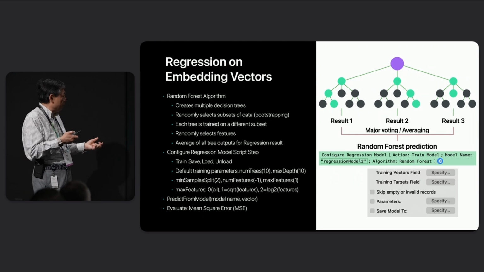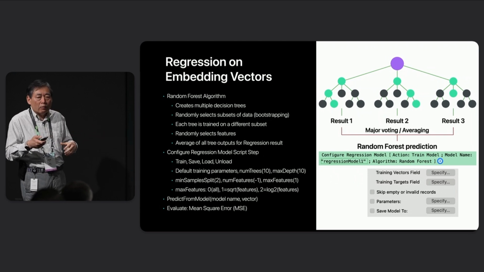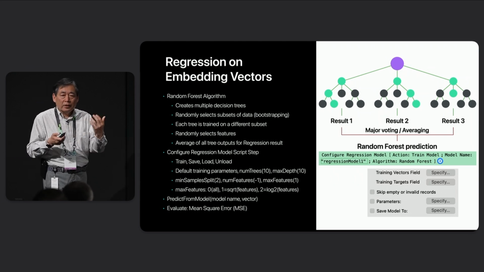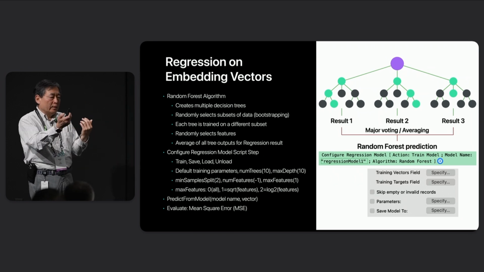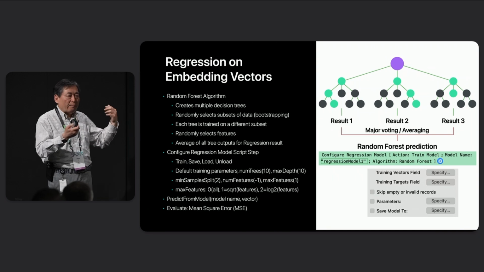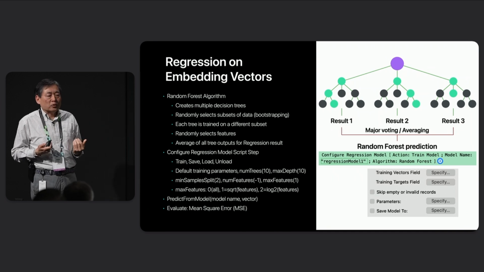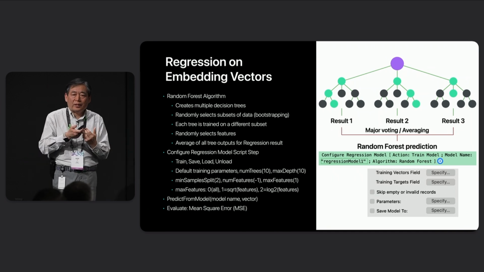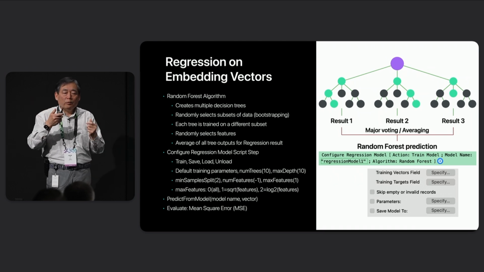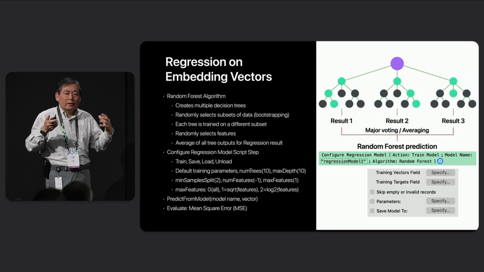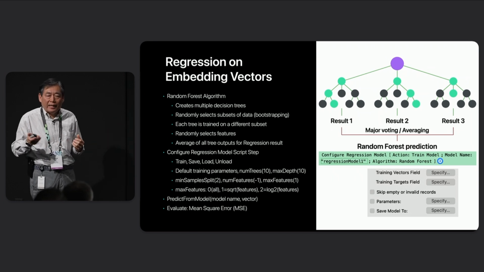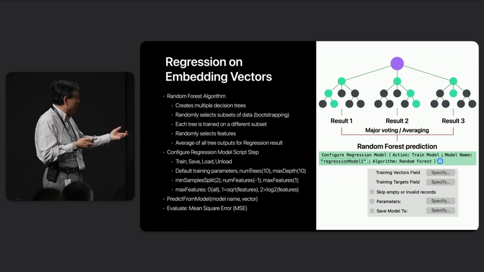A common algorithm for that is the mean square error. What mean square error means is you have the ground truth, you know the exact score, and you run through Predict From Model to get another score. You basically do a subtraction and then square it, to get rid of the plus minus issue. Then sum them all up and divide by the number of samples. That's the mean square error.